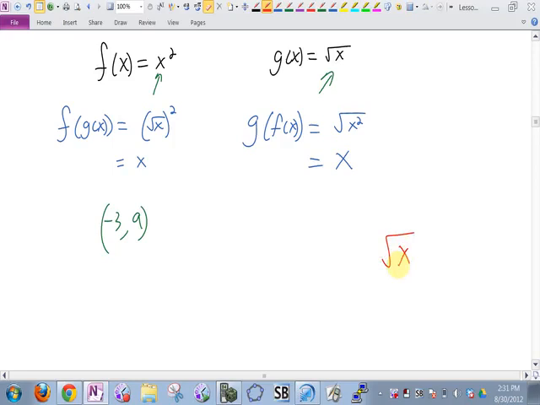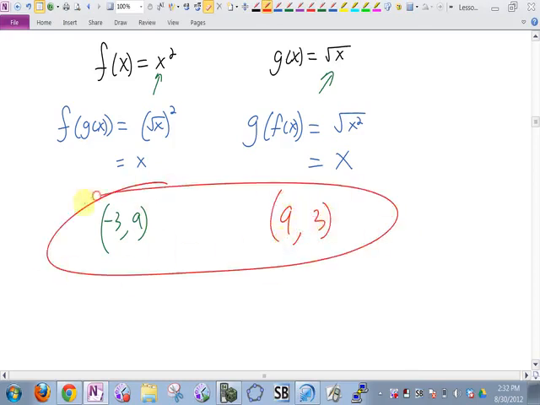Radical x is a function. For each input, there's only one output. When 9 goes in, what comes out? 3. Not 3 and negative 3, right? It's a function. So, 9 goes in, positive 3 comes out, not inverses.